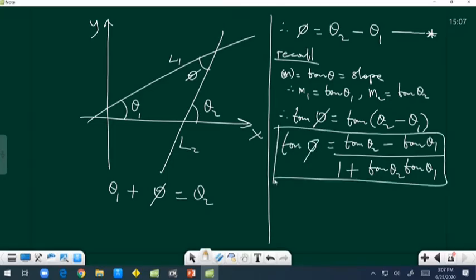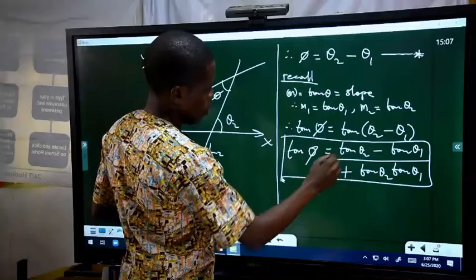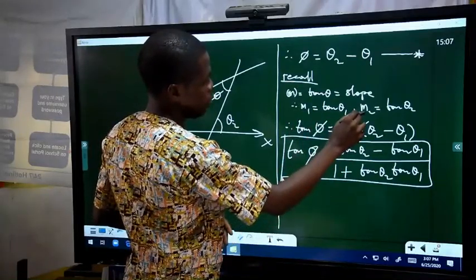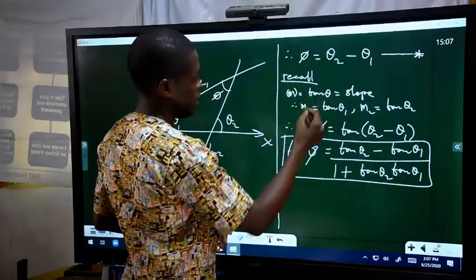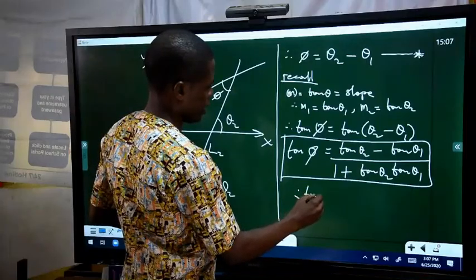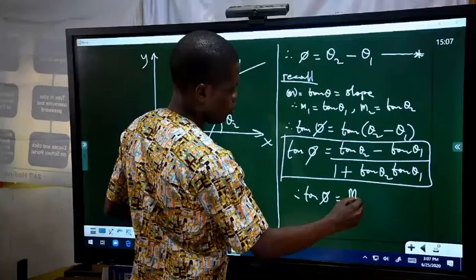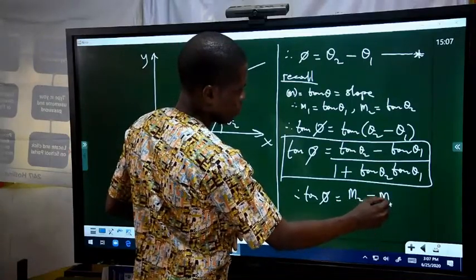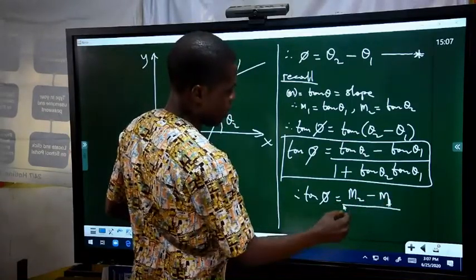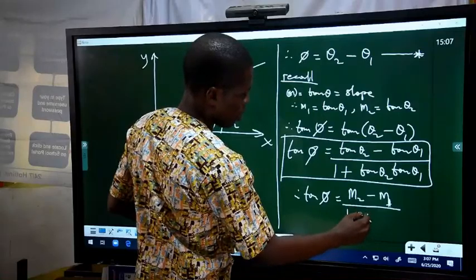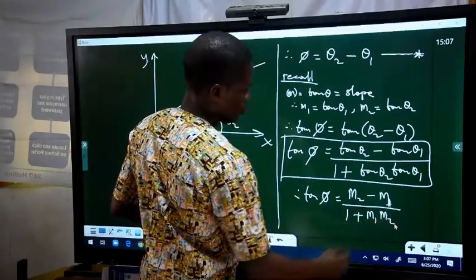Recalling that tan theta 2 is m2 and tan theta 1 is m1, we can substitute and say that tan phi is m2 minus m1 divided by 1 plus m1 m2.